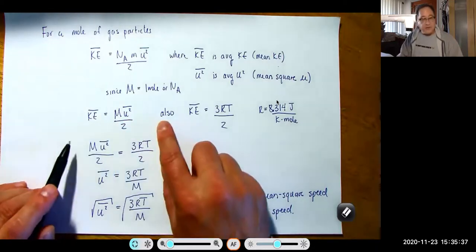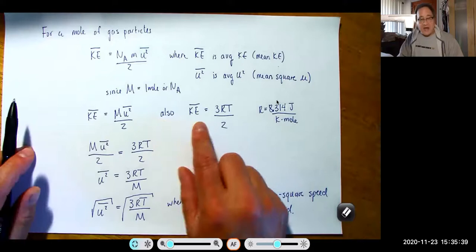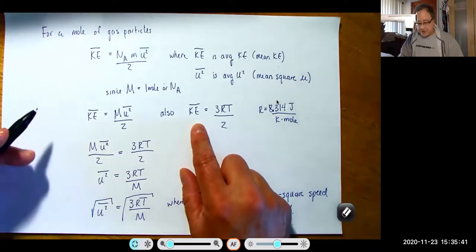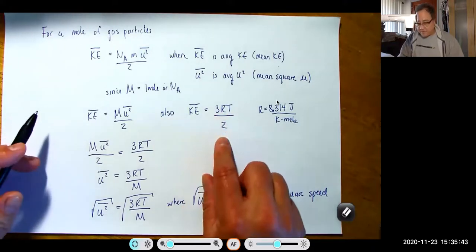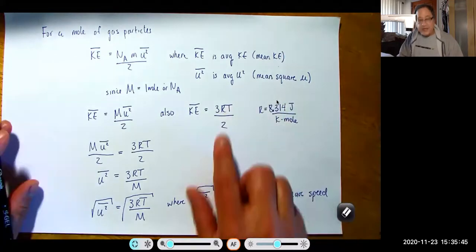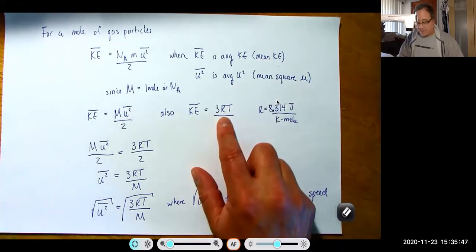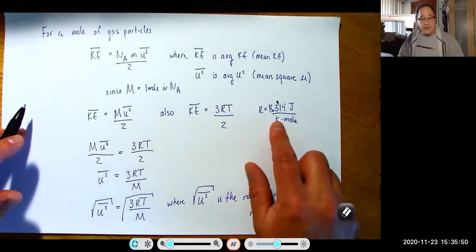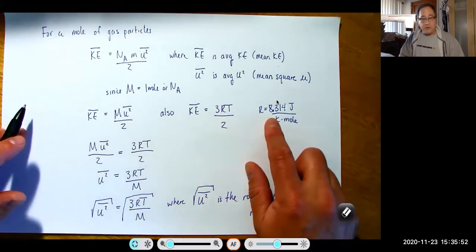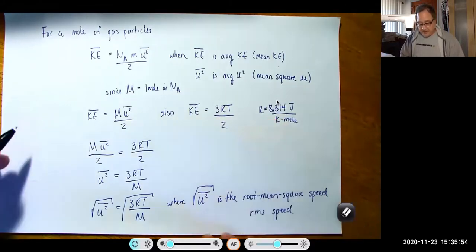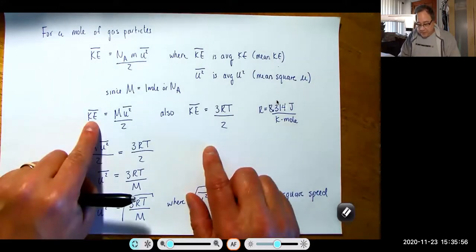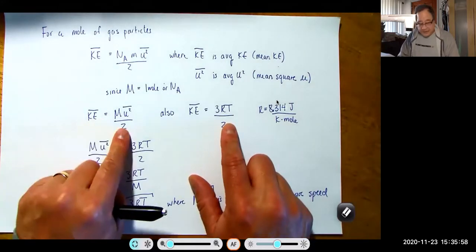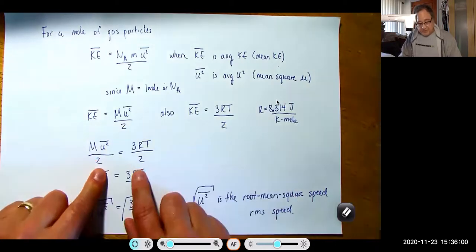Now also there's another formula that the book gives you that the average kinetic energy is 3RT over 2, where for this particular formula, we use yet another form of R, and it's 8.314 joules per K per mole. Now, if kinetic energy is equal to both of these, we can set this equal to this, as I've done here below.